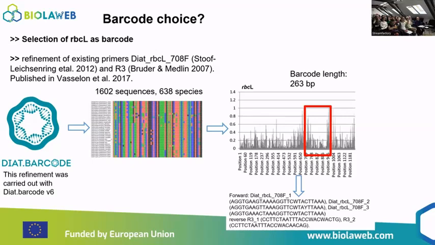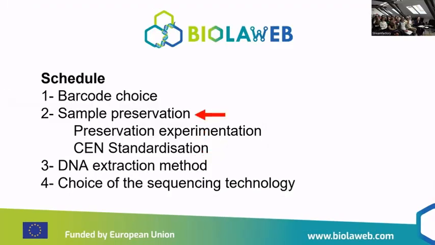It was working better like that. Because if you have too much degenerescence in one primer, then you may not catch very well the target taxa you want, but you may also catch others that you don't want, and that's why we decided to do it like that. From the reference database, we could see that it improved a lot.